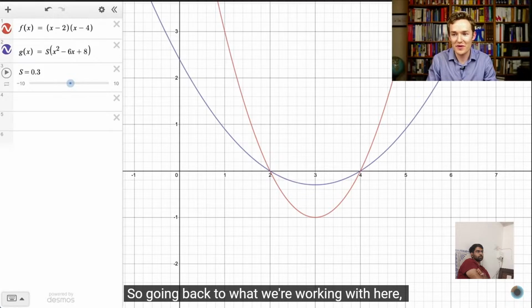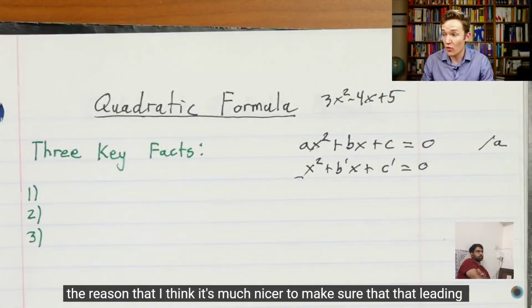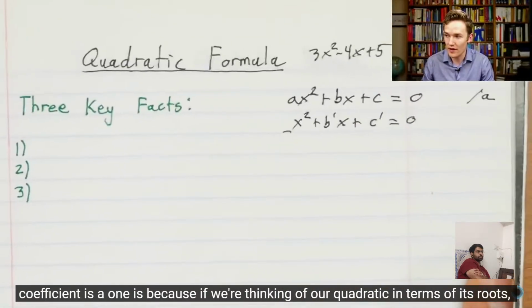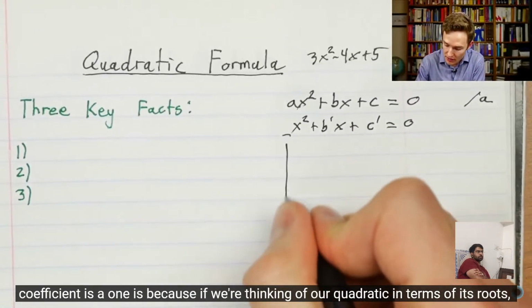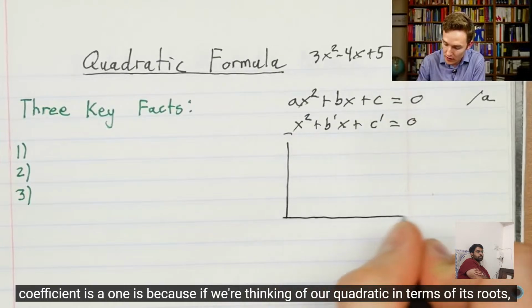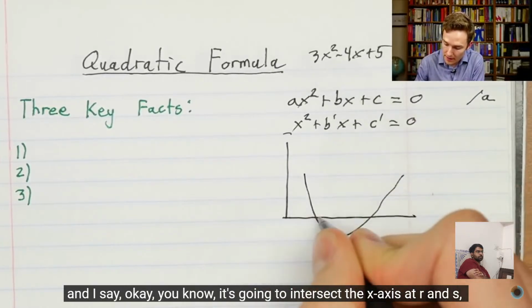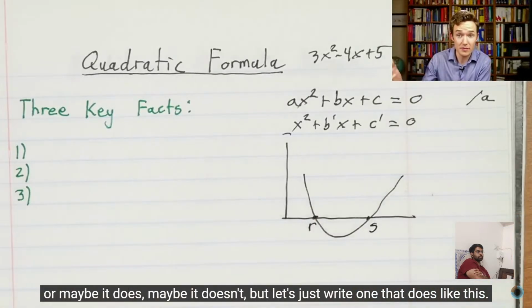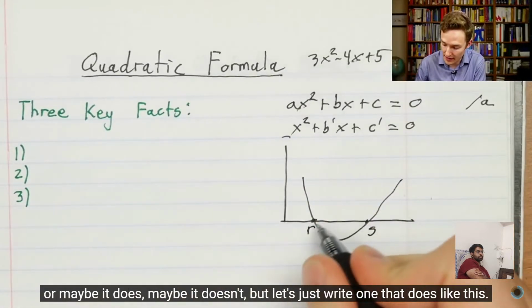So going back to what we're working with here, the reason I think it's much nicer to make sure that the leading coefficient is a 1 is because if we're thinking of our quadratic in terms of its roots, and I say it's going to intersect the x-axis at r and s, or maybe it does, maybe it doesn't, but let's just write one that does, like this.